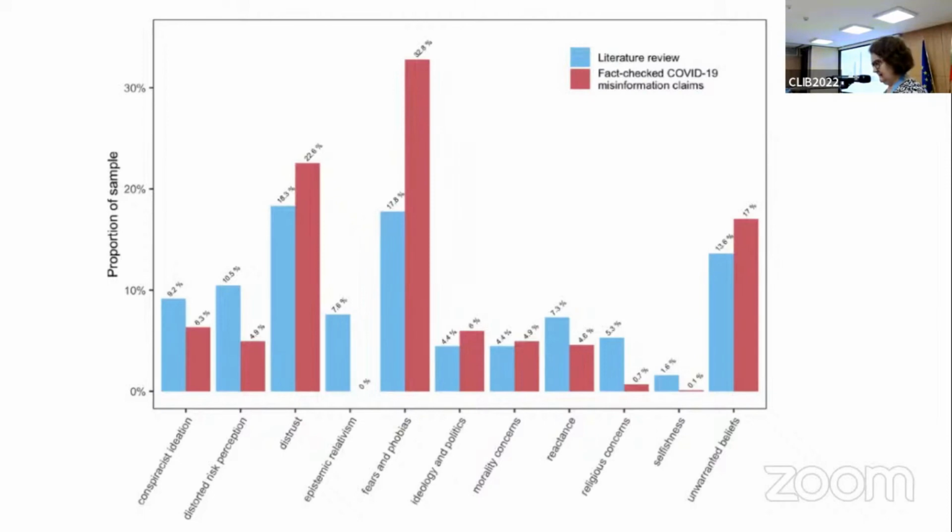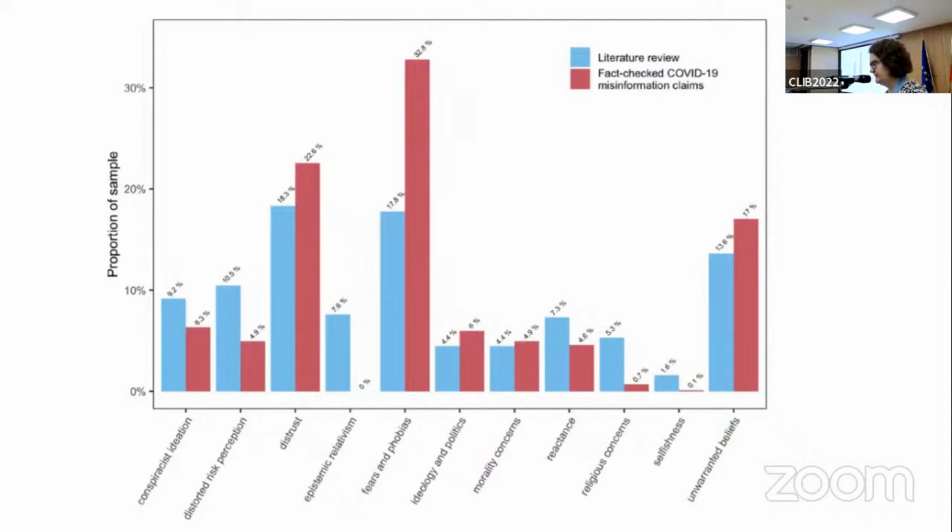And the second data set is scraped from the web by labeling fact-checking articles that rebut anti-vaxxer arguments about COVID-19. So here you can see the label distribution among these two data sets, though they are completely different in nature. But quite surprisingly, the distribution of labels is quite similar across them. So we were surprised to see this effect.